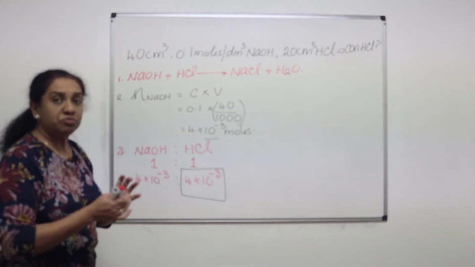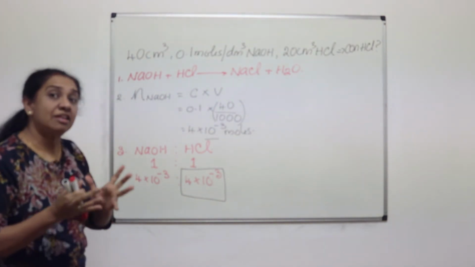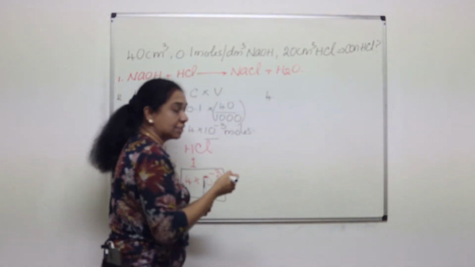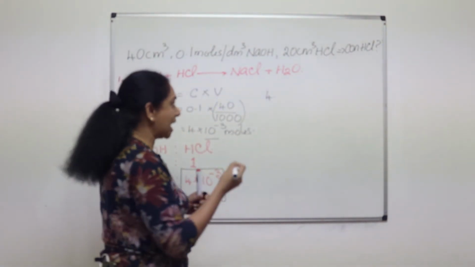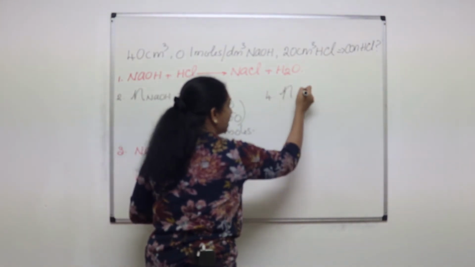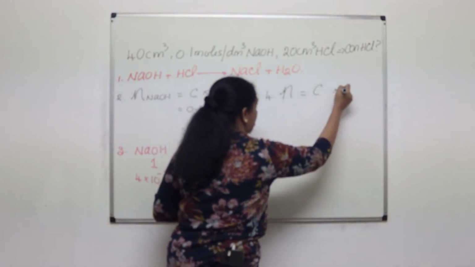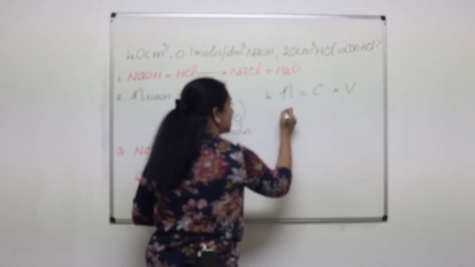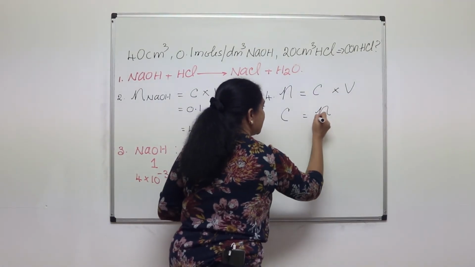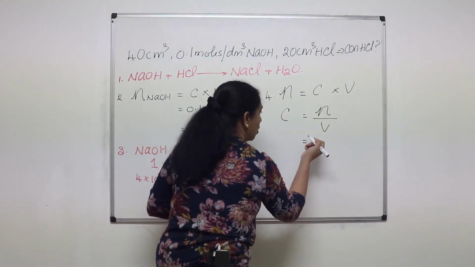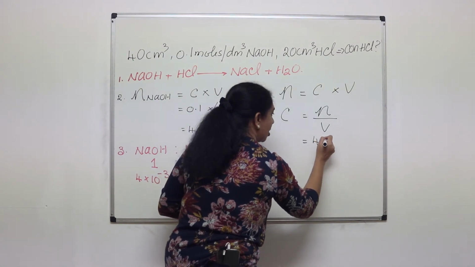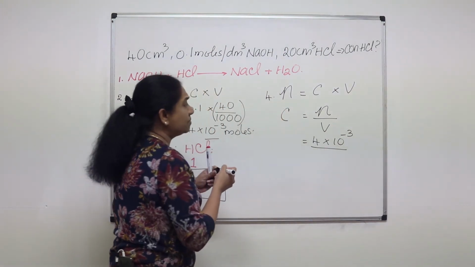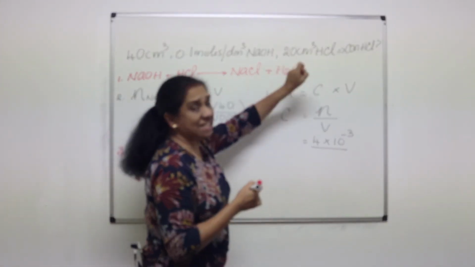And now we are going to move on to our final step, the fourth step. In the fourth step, we are going to calculate the concentration of hydrochloric acid. Now, mole is equal to concentration times volume. I'm going to make the concentration the subject now. Concentration is equal to moles divided by the volume. Moles is 4 times 10 to the power minus 3 divided by the volume, which is given to us as 20 cubic centimeter.